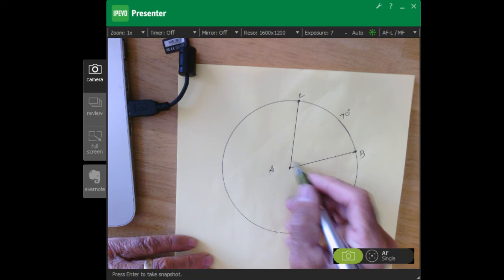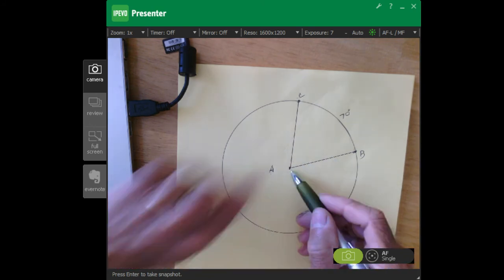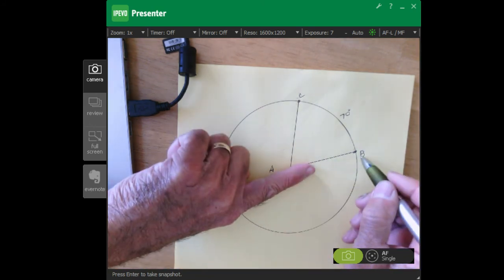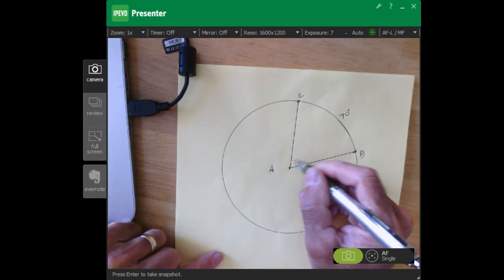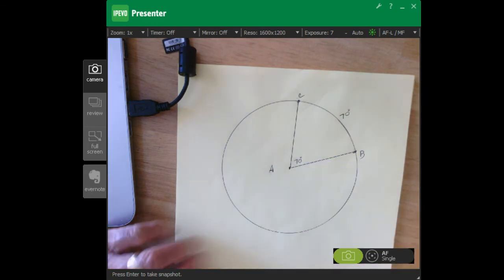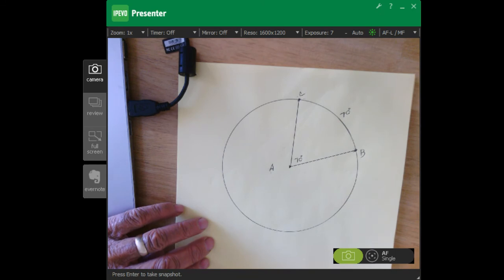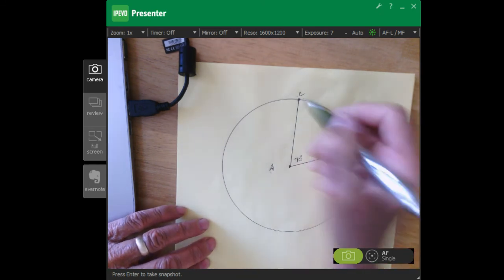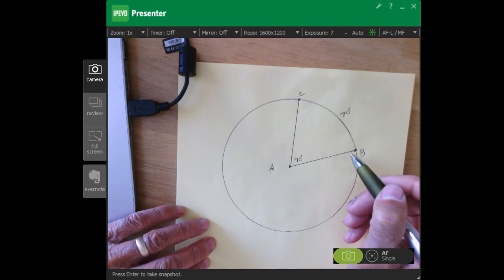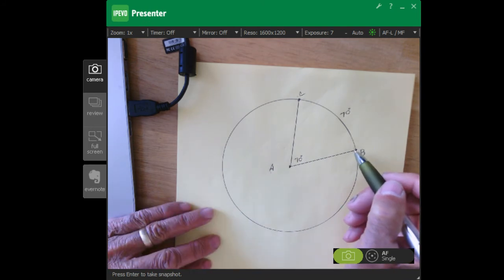Inside the angle, like we started looking at point B, we ended up looking at point C. There's the angle measure. So that's how degrees of an angle and degrees in an arc are measured. Now, when we talk about arc measure, we're not talking about distance.